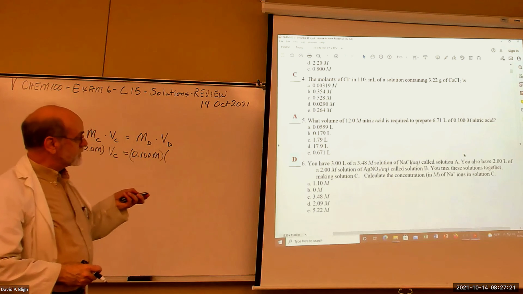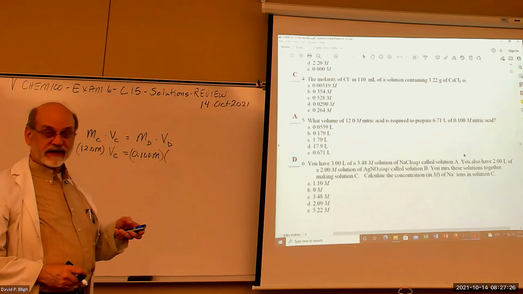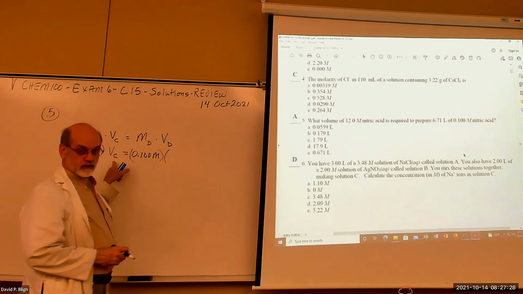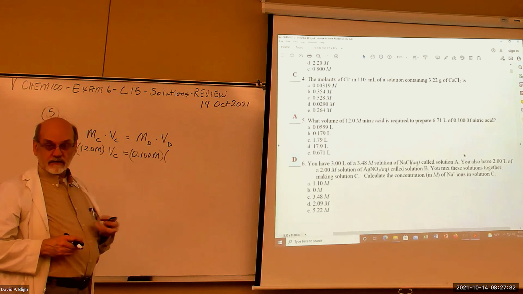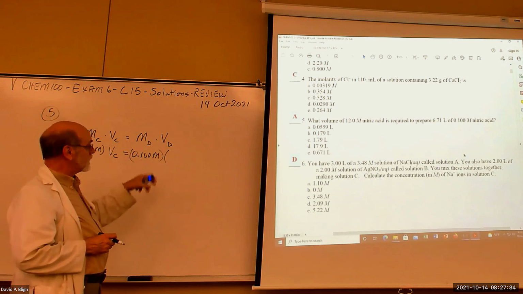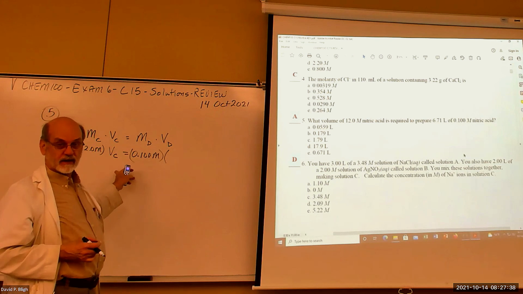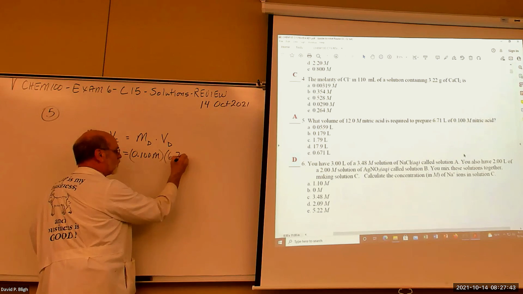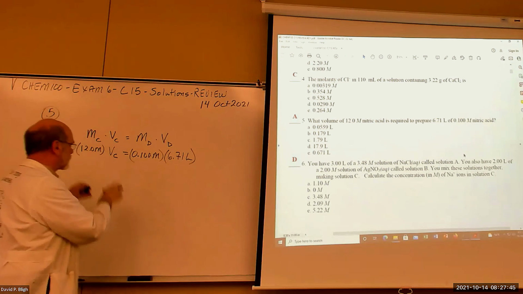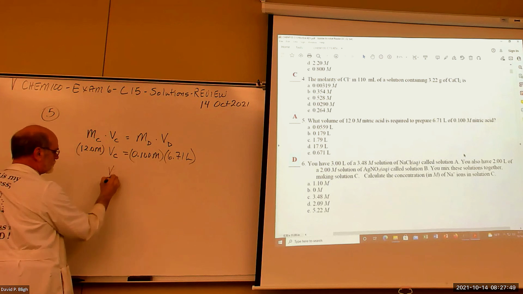Now, notice the answer is in liters here. So we should leave that value in liters so that our answer will come out as liters. If we had milliliters as our answer, we convert the diluted volume to milliliters and then our answer would come out as milliliters. But as it is, 6.71 liters gives us our formula, and we just solve for this one.